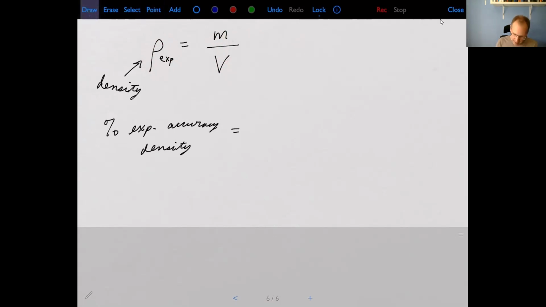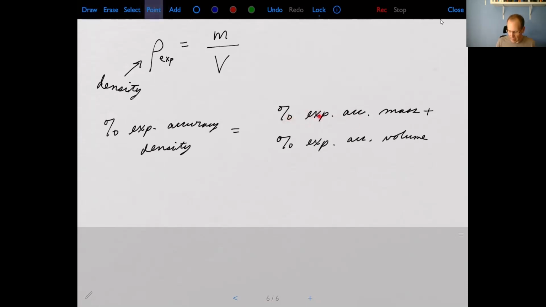So in this case, to find the percent accuracy for density, it's going to be your percent experimental accuracy for mass plus the percent experimental accuracy for volume. So you just add those two together, and you have both these values from previous tables. You have the accuracy for mass from a previous table, and you have the accuracy for volume from a previous table. So if you add those together, that's going to be your accuracy for density.